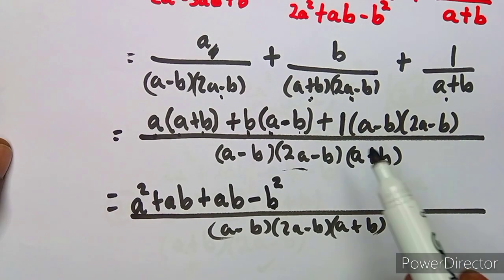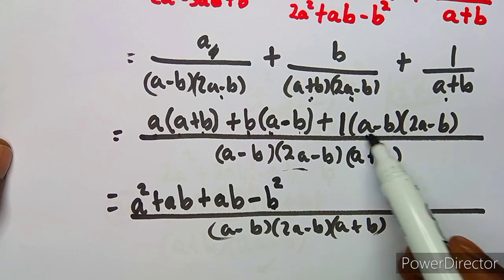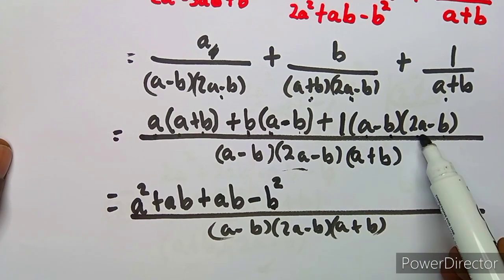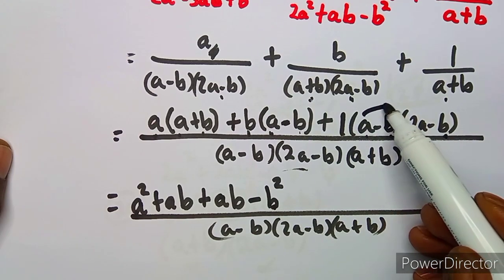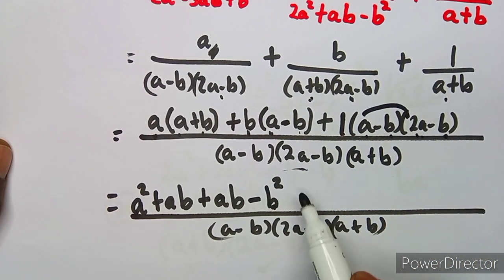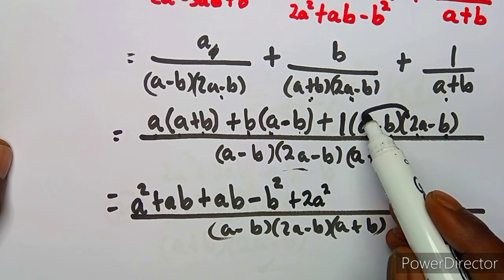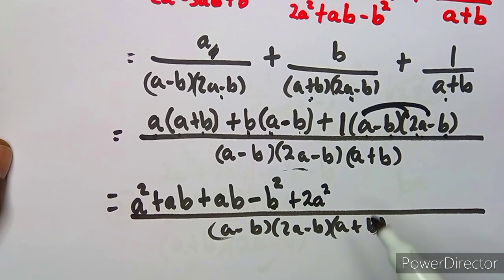All right, here it's plus 1, which is going to affect a minus b, but we've got another bracket of 2a minus b, so we are going to expand a times 2a, which is going to give us 2a squared, and a times minus b, which is minus ab. Remember how you expand two brackets, guys.